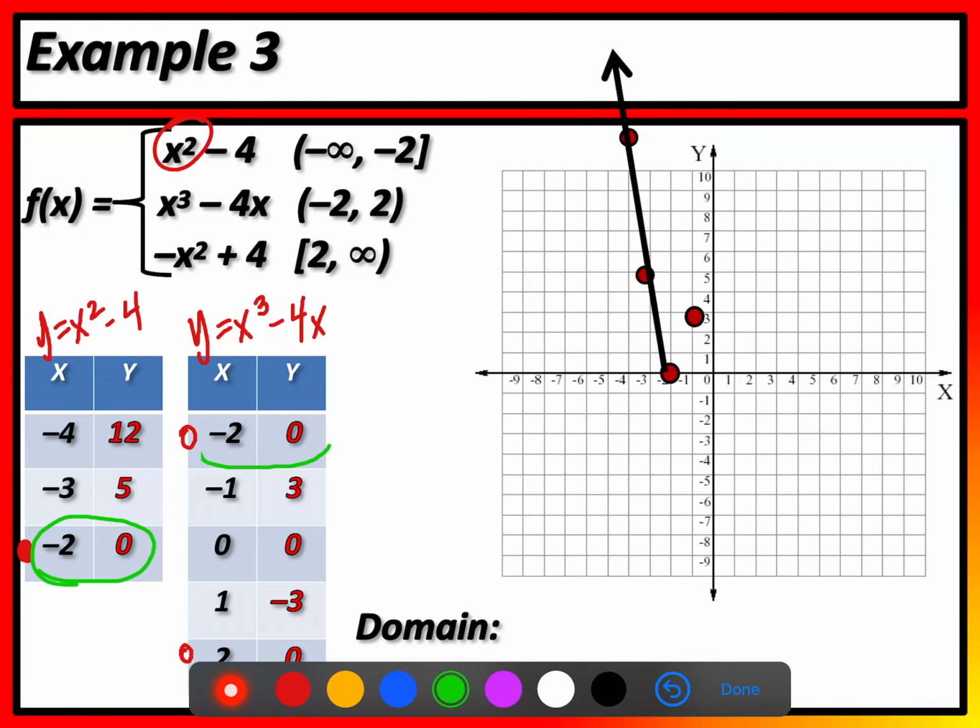You can see this is showing up in both of those tables. Well, when the x values repeat, isn't that supposed to make it not a function? But look, one is an open circle and one is a closed. So when they're overlapping, they're not actually both using the x value, so we're still okay.